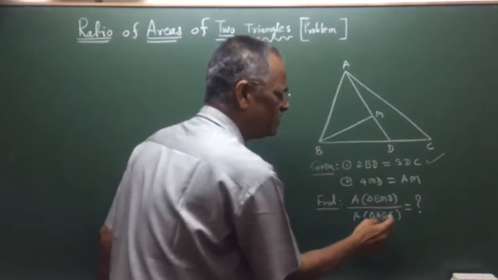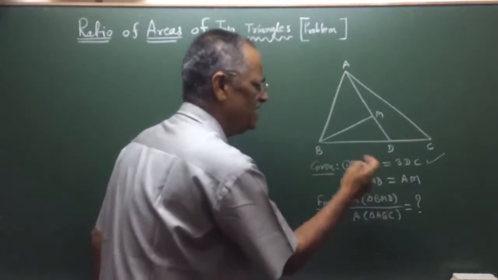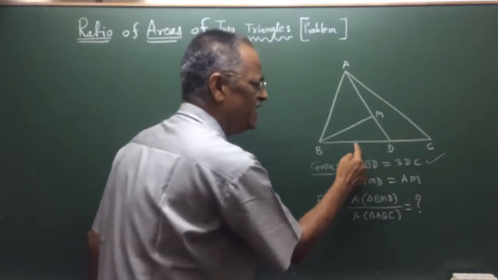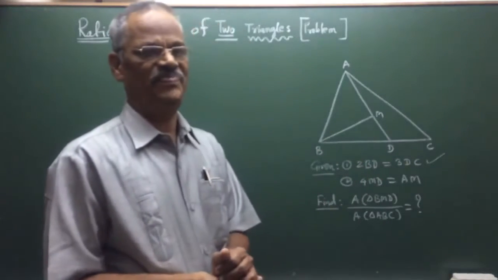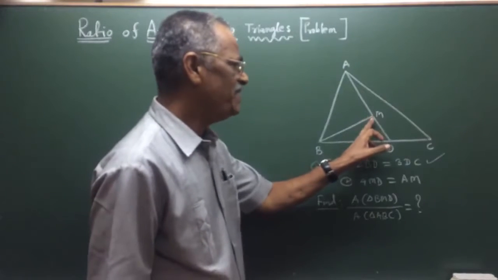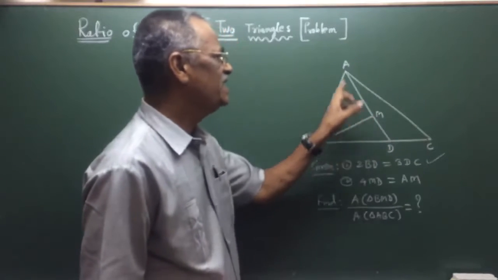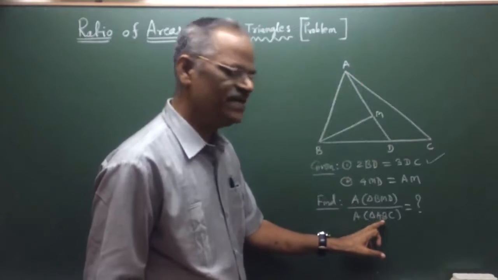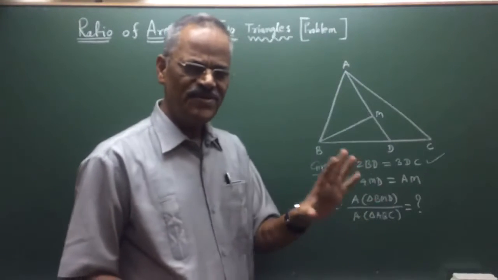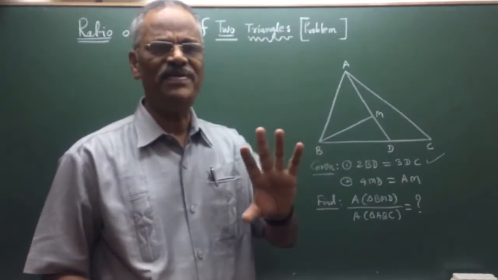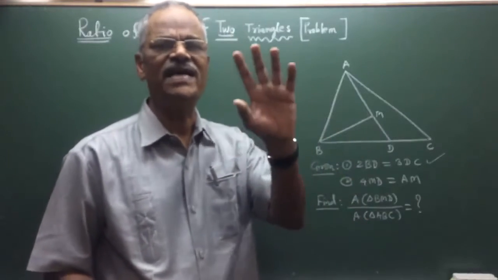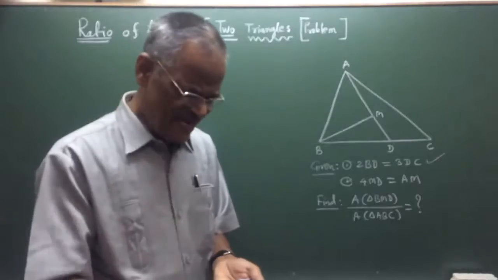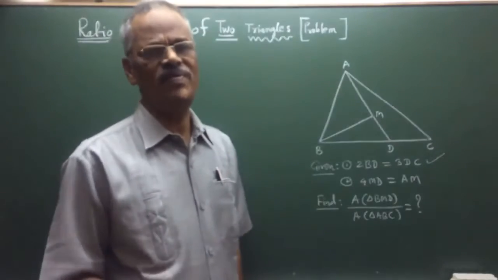If you take the base of the second triangle BC and the base of the first triangle BD, you are not getting the same height. The heights are different. M is the vertex of this triangle, A is the vertex of triangle ABC. So there is no relation between base and corresponding height. But it is a very interesting, very important problem also.